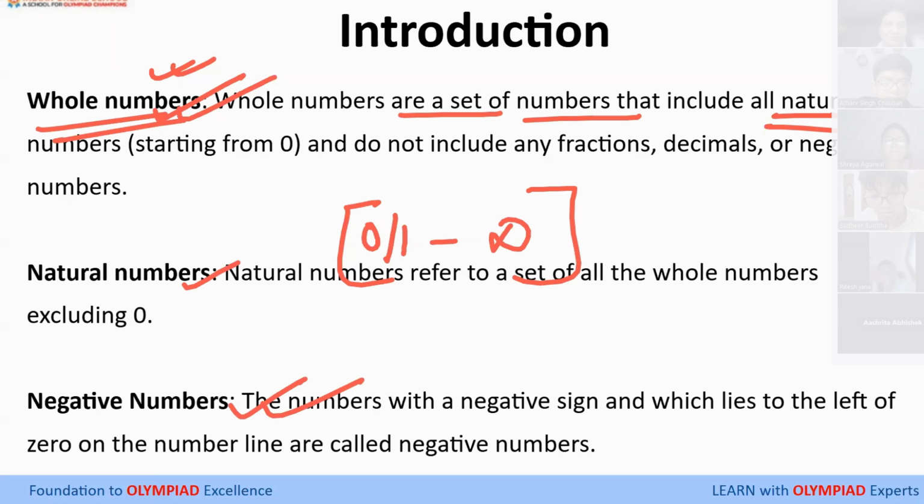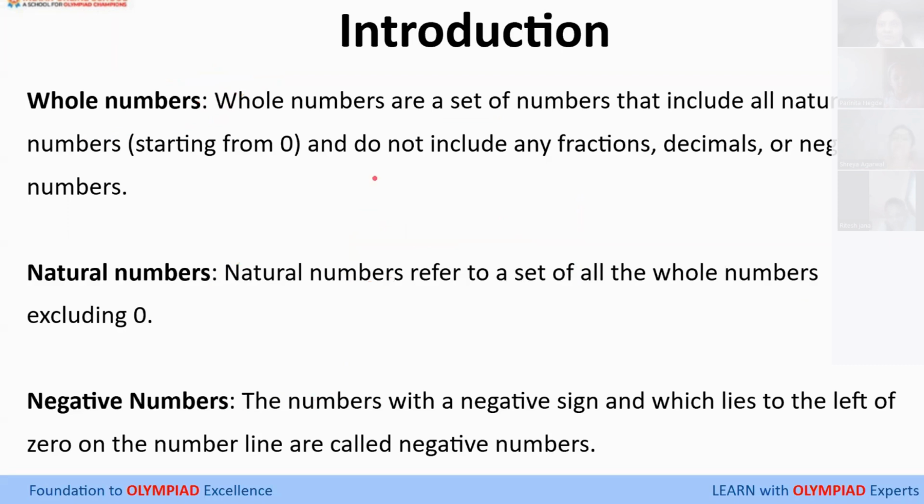Excuse me, ma'am. Ma'am, I didn't understand how natural numbers can become whole numbers and how whole numbers can become integers. Okay. See, actually, they are sets of numbers. They're not becoming. Basically, the set is getting enhanced. It is getting enlarged. So when we start from 1 to infinite, that's the set of natural numbers.